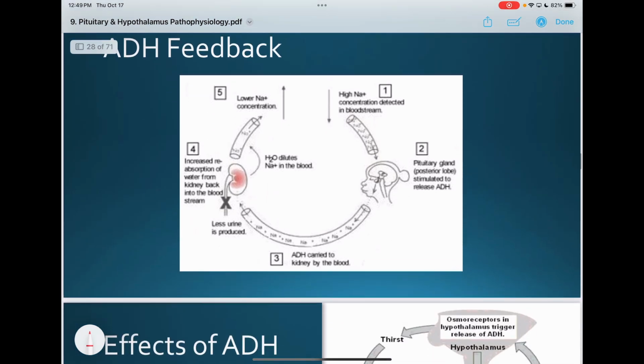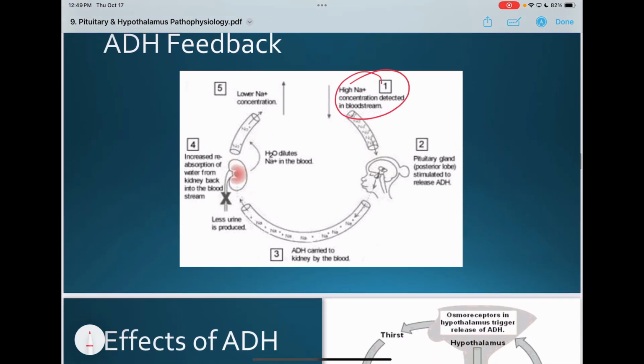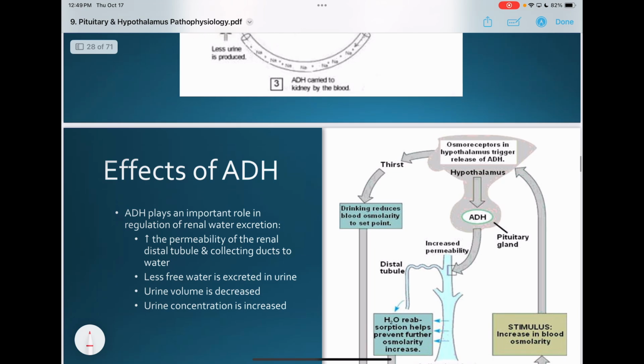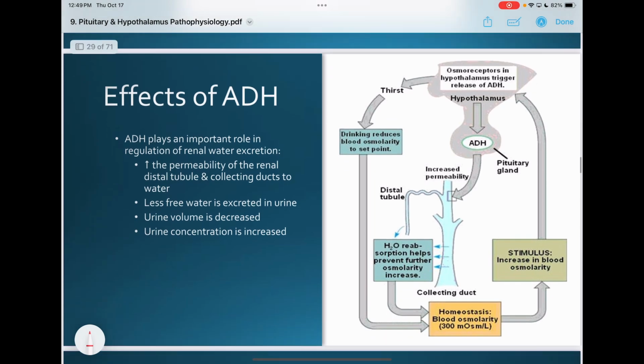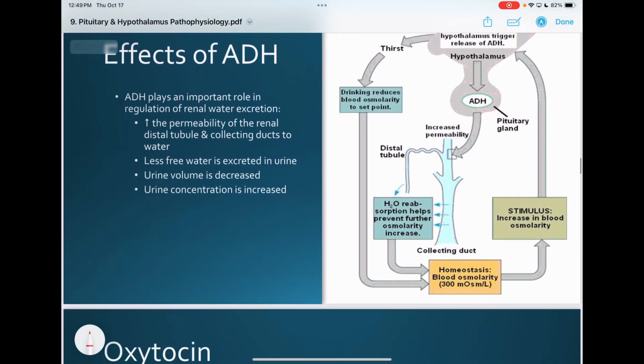Here are our feedbacks again. Solute concentration is the stimulus when it comes to ADH release. So the effects of ADH, okay, increase the permeability of the renal distal tubule to water in the common collecting ducts. So less free water is excreted in the urine, so our urine volume decreases because we're going to reabsorb it.